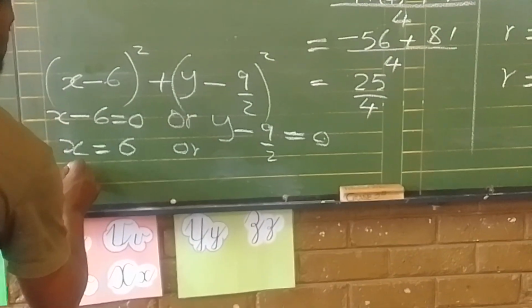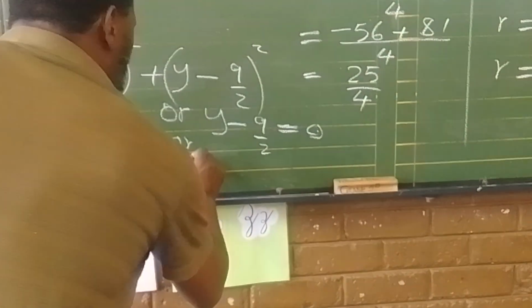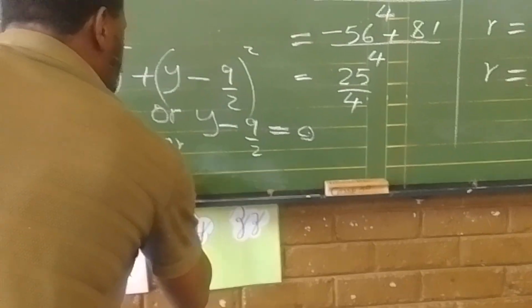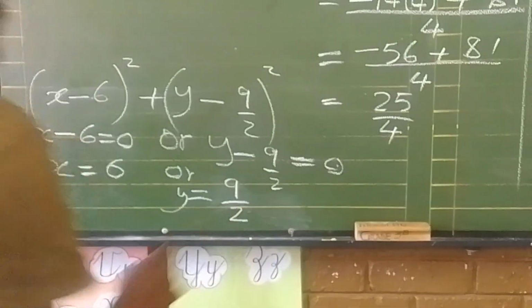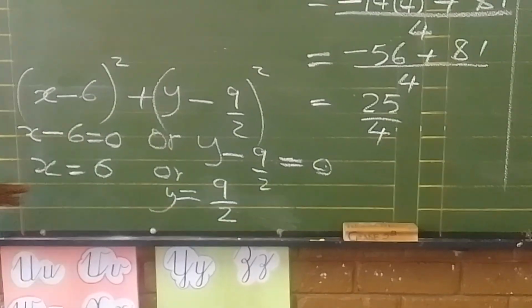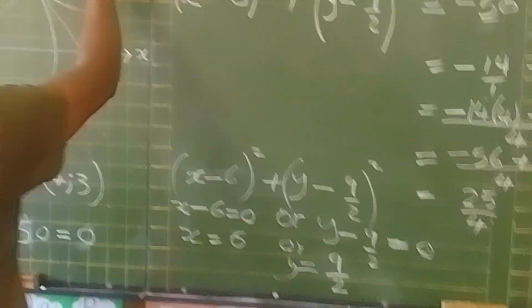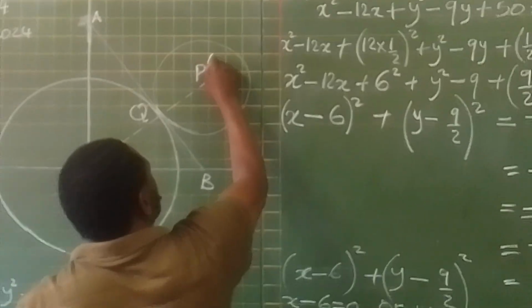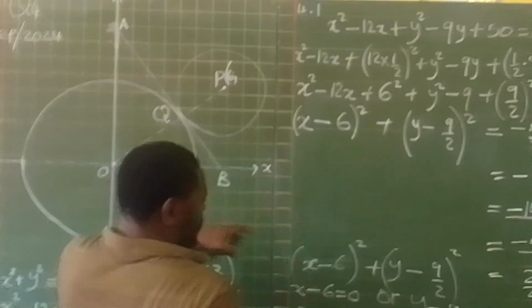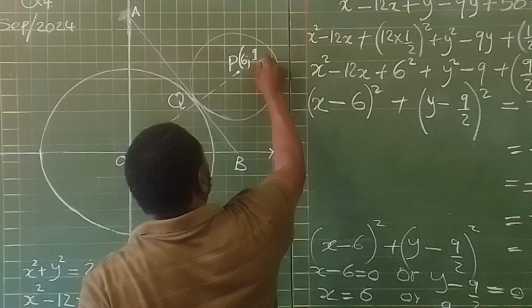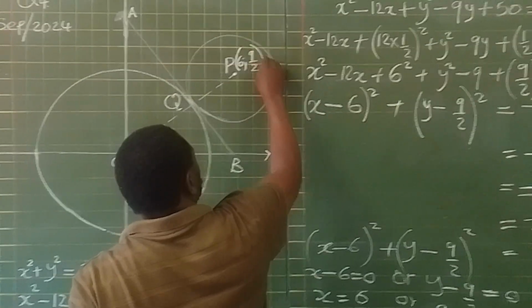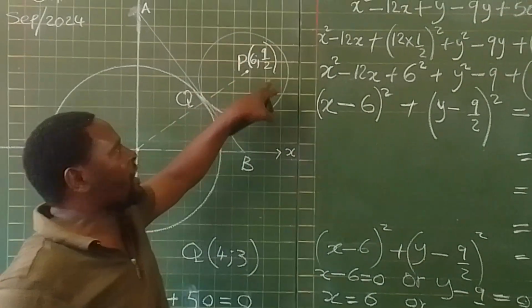You take 6, you put it here. You take 9 over 2, you put it here. 9 over 2 is the same as 4.5.